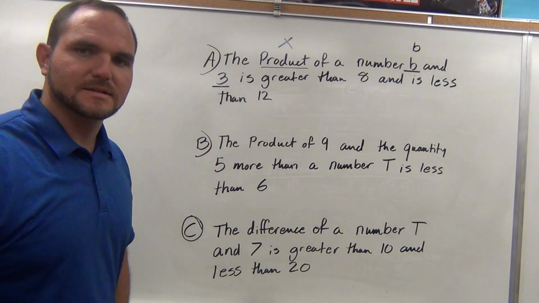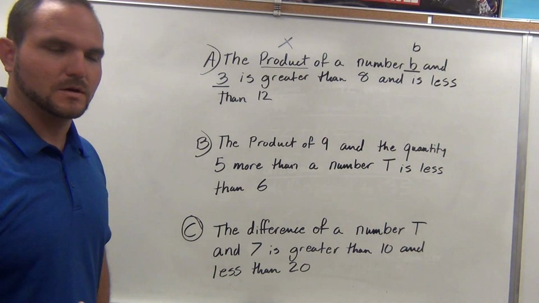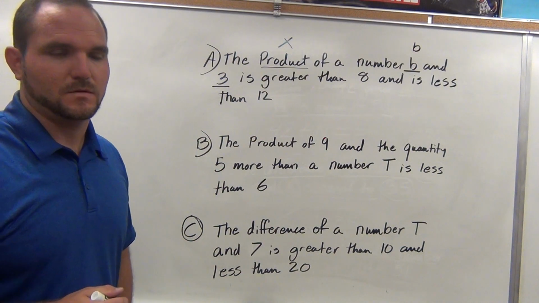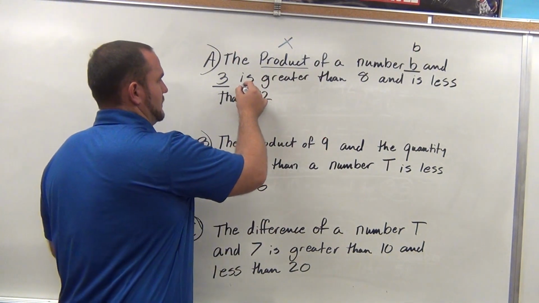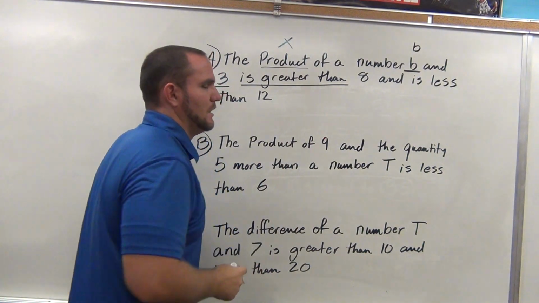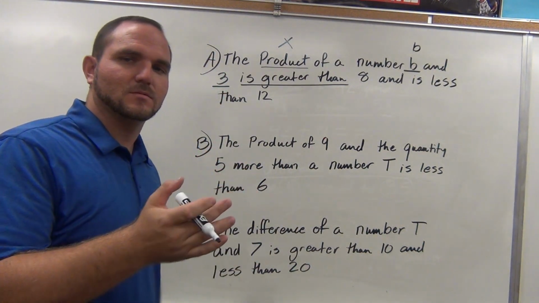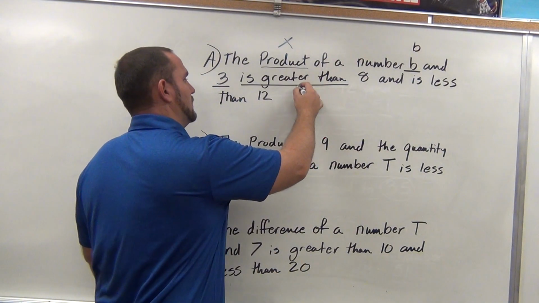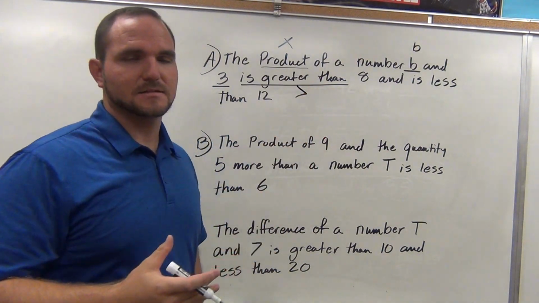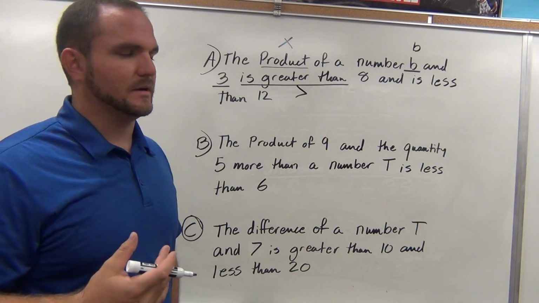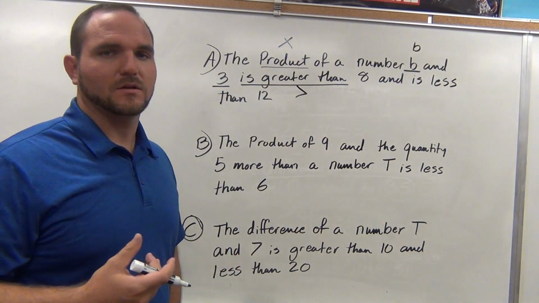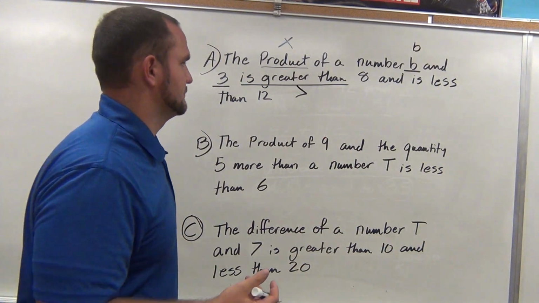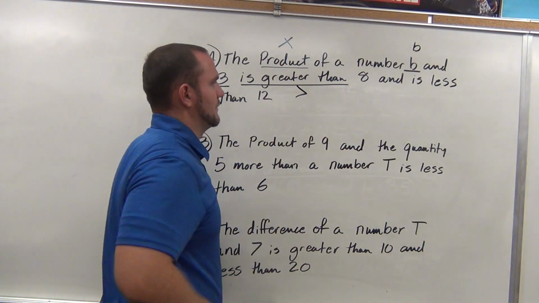Now we talked about is greater than a while ago, and is the important part there. We talked about how we read it from left to right. Is greater than, so we'd hit the big side first. Now they didn't say is equal to or greater, so it's just greater than. So no equal sign underneath.